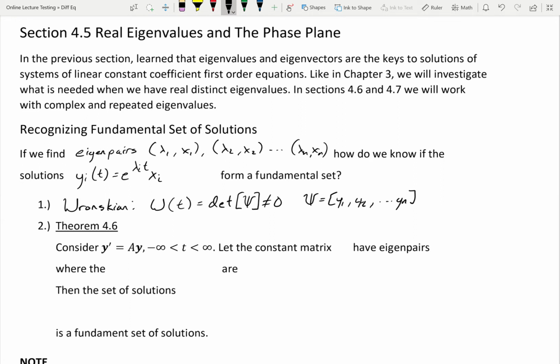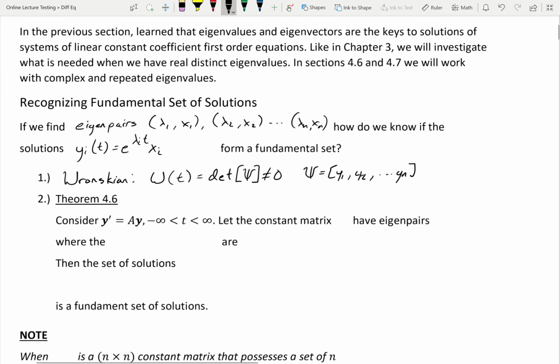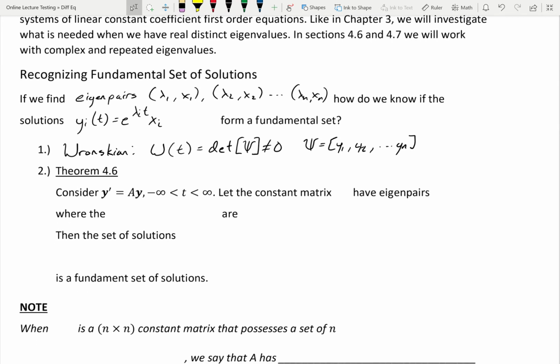Well, that we saw can take up quite a bit of time, especially if we get to a larger set of equations. So this is really the cool part when theorem 4.6 comes into play. What it states, and that's coming out of this section, so I'm not pulling anything new here: consider our linear homogeneous system where A is a constant matrix, on the interval from negative infinity to infinity.